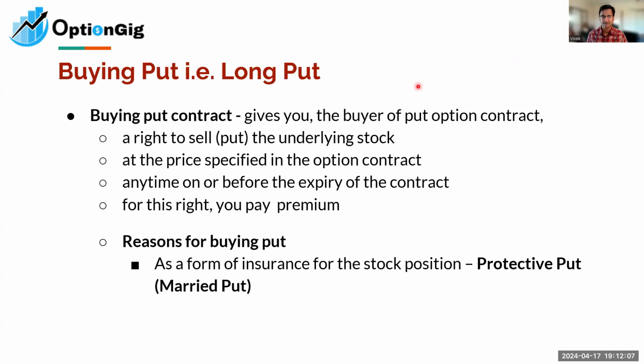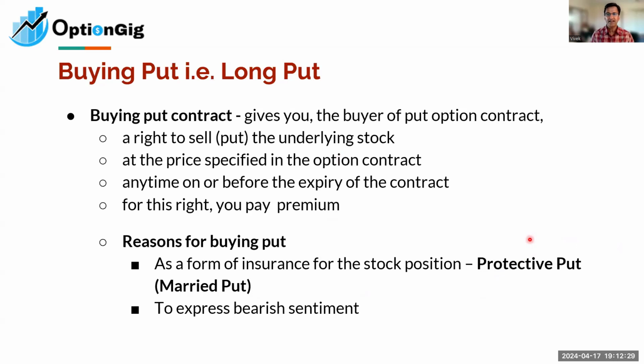Could there be another reason? Another reason is if I'm bearish about a stock. Say I don't own Google. In the case that we discussed, in married put or protective put, I am not bearish on Google. I'm bullish on Google.